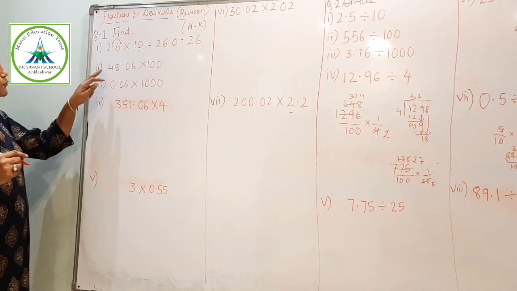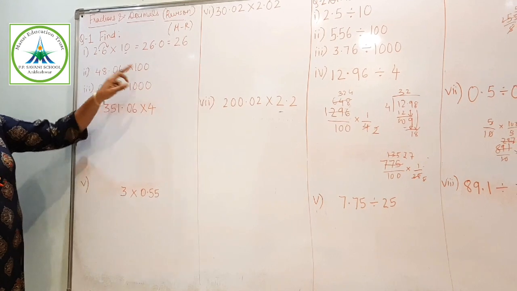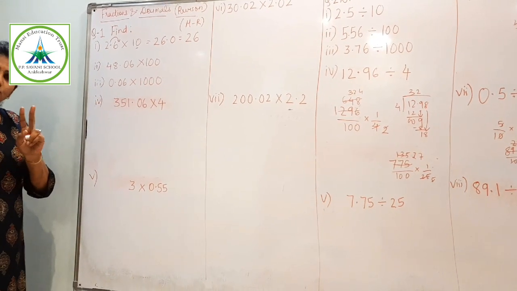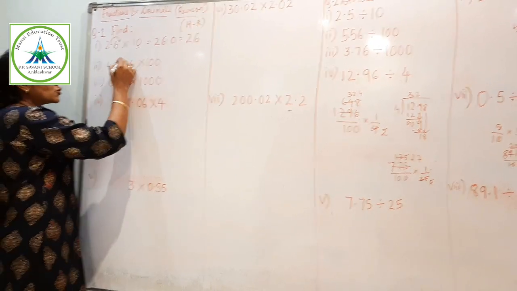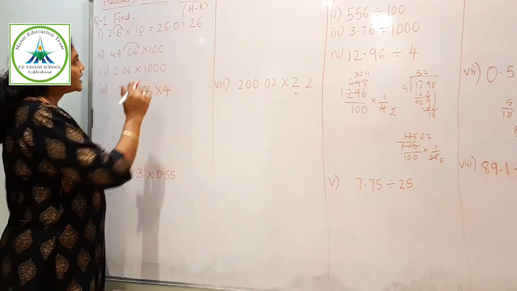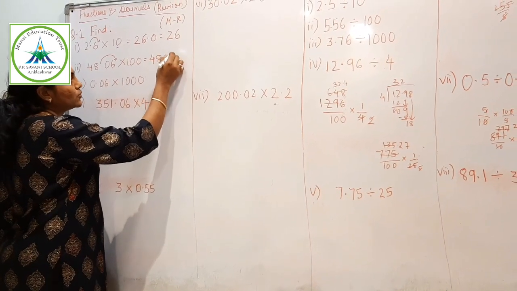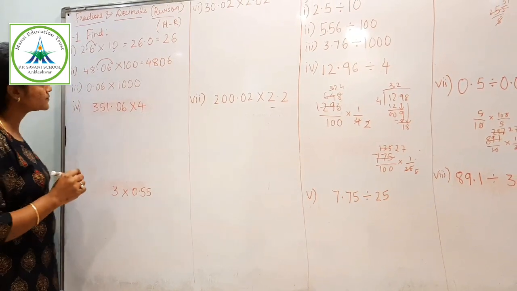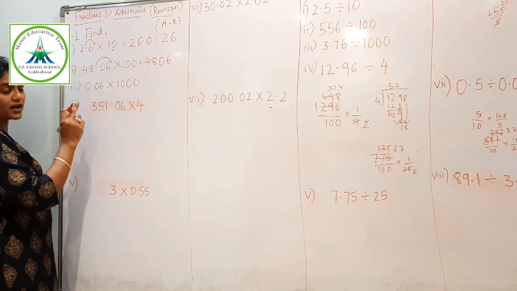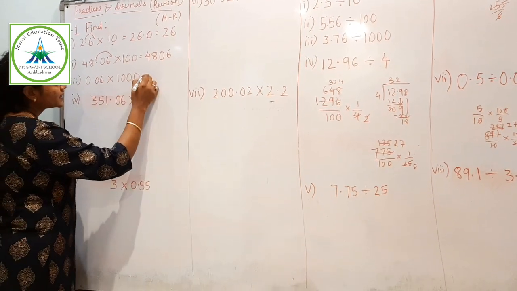Right? Now 48.06 multiplied by 100. Again, two zeros, so to the two places right the point will be shifted, and this will be 4806. Now the third is 0.06 multiplied by 1000.